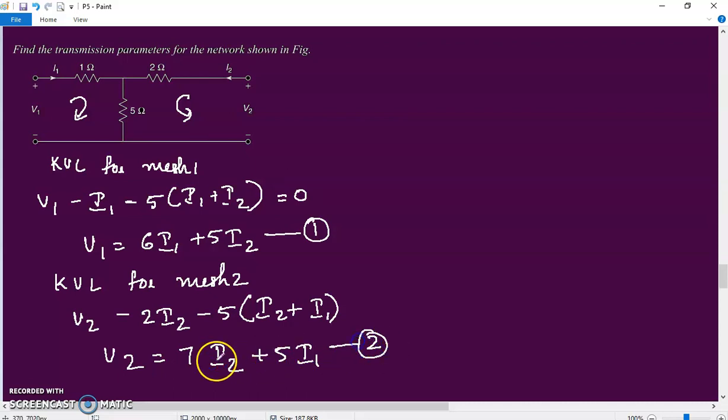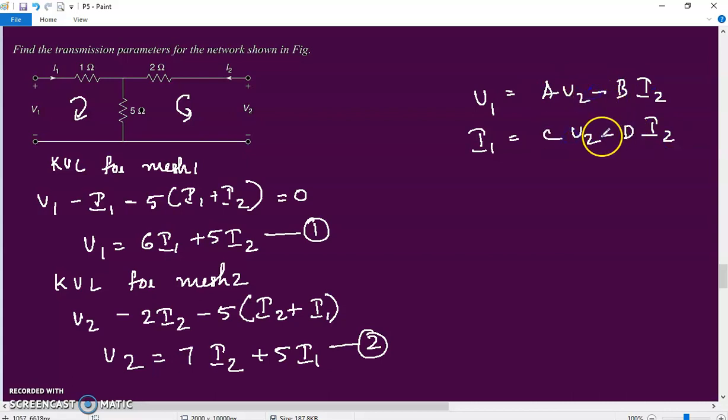That is equation number 2. So the basic transmission parameter equations are V1 = A V2 - B I2 and I1 = C V2 - D I2. This is the equation we need, and we need to find the A, B, C and D parameters for this particular network.